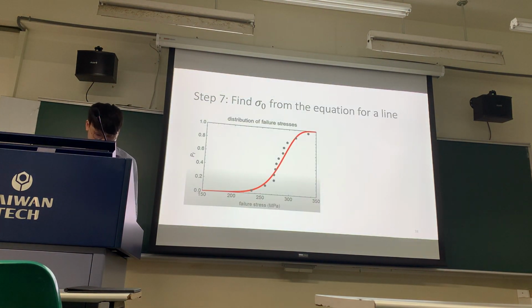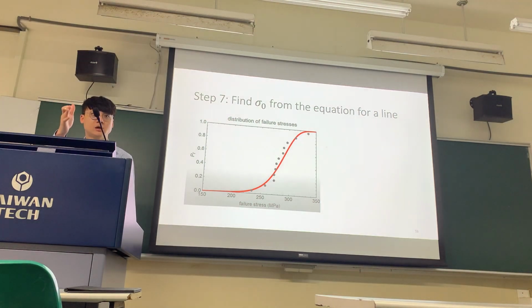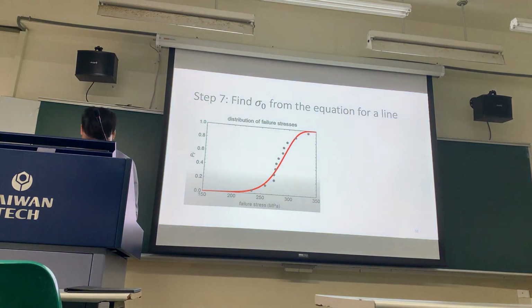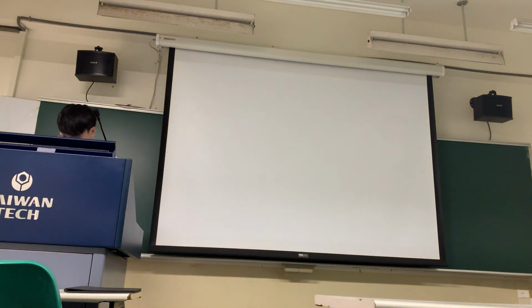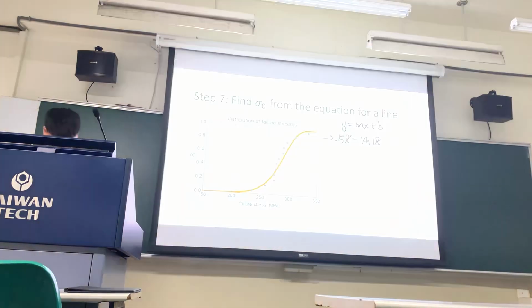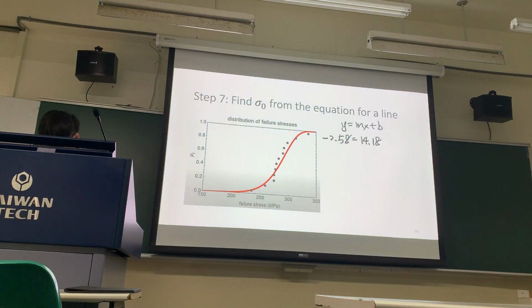So this is the same data that you plotted on your sheet, and this is the answer. Then I'll go ahead and draw it as well. Over here is y again, equals mx plus b. Now we already know minus 2.58. What I'm doing is plugging in the number 14.18, the modulus, times 5.5 plus b.